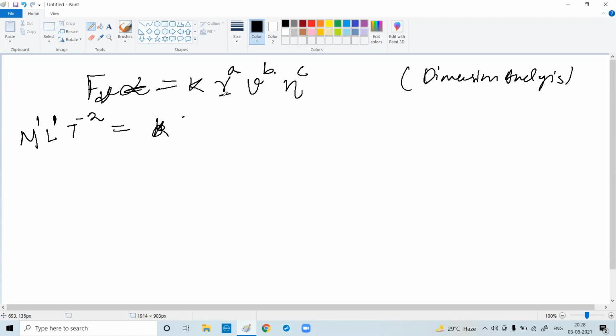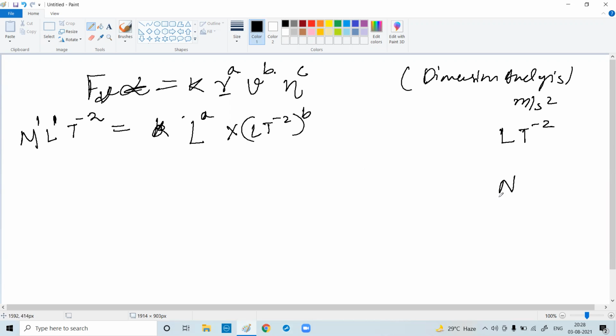What is the dimension of radius? Radius is nothing but a distance, so I can write it as L to the power A. Velocity is nothing but meter per second square, so can I write it as L T minus 2? And eta, we have already seen eta. What was eta?